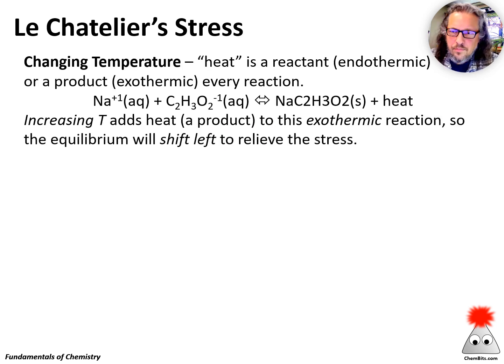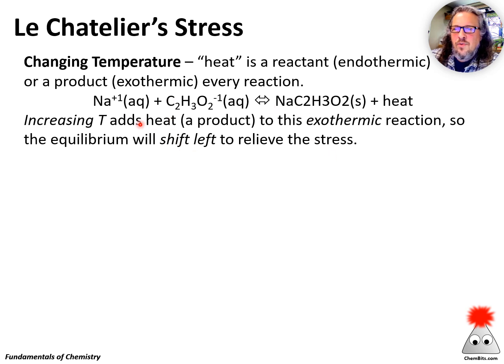What about changing temperature? Now, changing temperature, we can think of this as a whole different process, or we can try to think about it the same way. When we're changing temperature, we can think of heat as being either a reactant in an endothermic process or a product in an exothermic process.